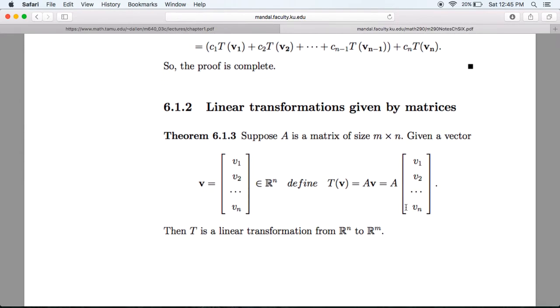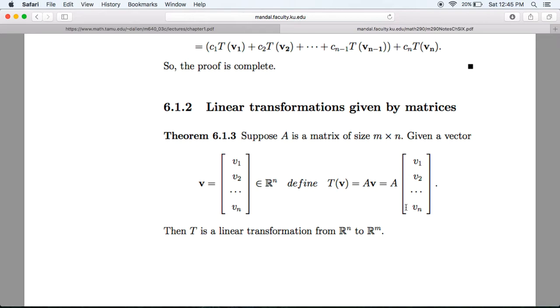Now there exists a very deep relationship between matrices and linear transformations. We will see that left multiplication by a matrix to some column vector is a linear transformation.